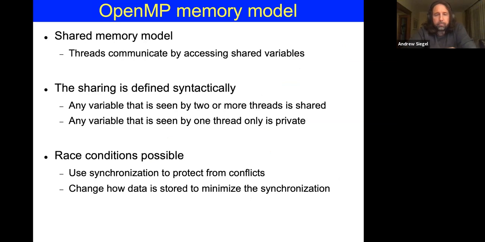So the OpenMP memory model is the same as with threads, in that threads communicate by accessing shared variables. The sharing is defined syntactically, so that any variable that is seen by two or more threads is shared, and any variable that's seen by only one thread is private. And we have defaults for these things, and we have a way of controlling them with clauses.